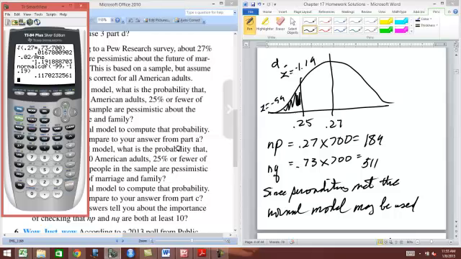Okay, so what is the difference between the binomial probability that 25% of the population or less is pessimistic about the future of marriage and the normal model's? This is the result from the normal model, so I'm going to take the probability generated by the binomial model.